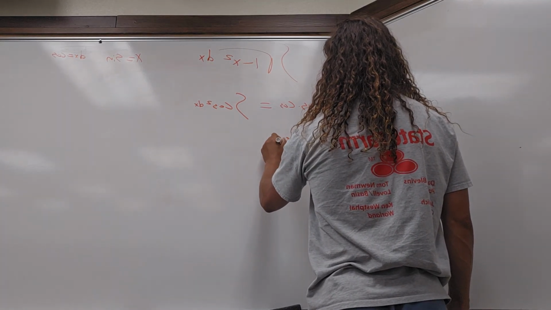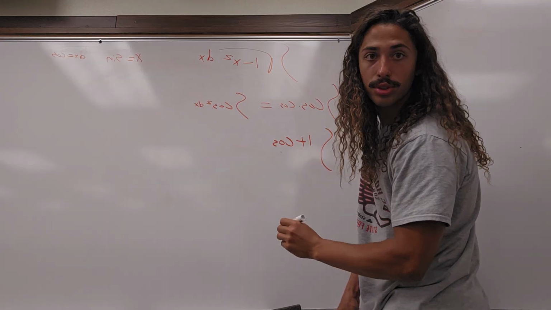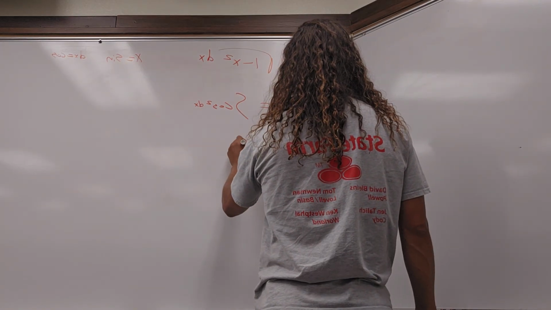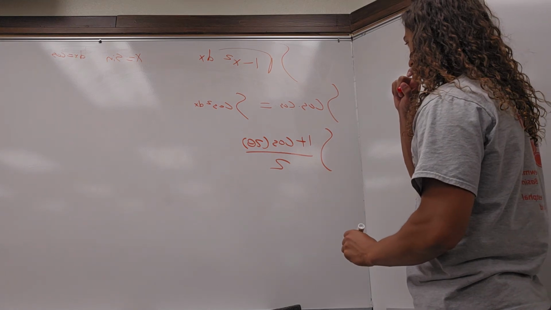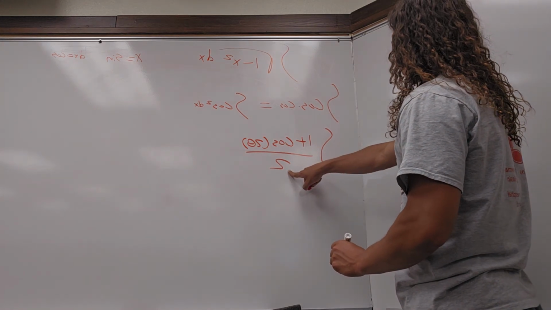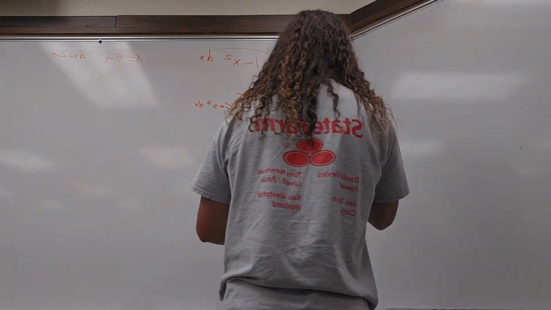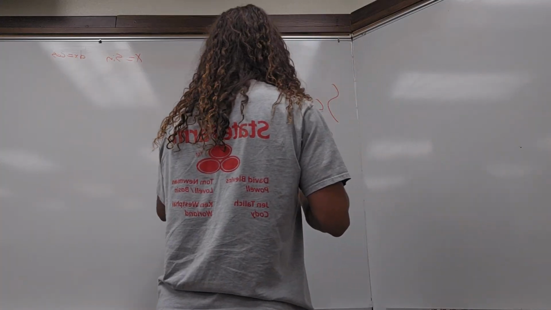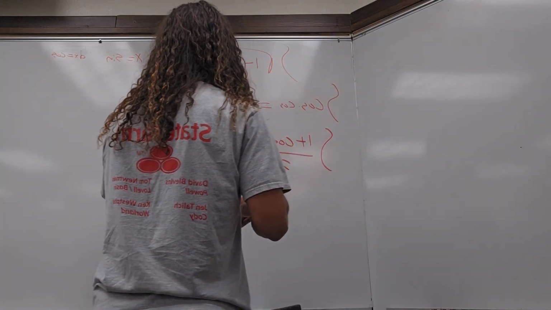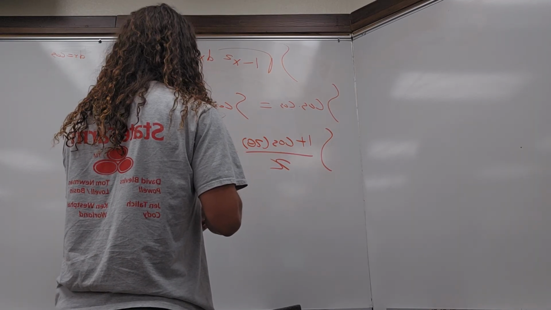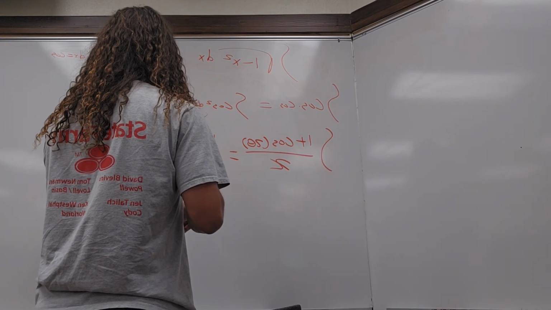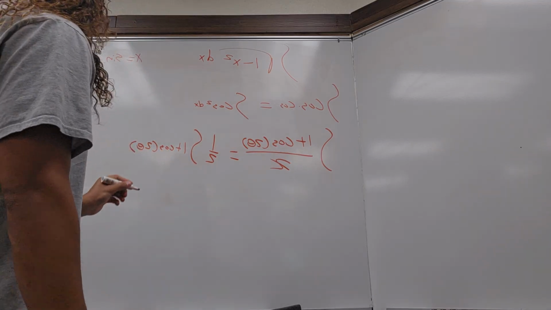So we have the integral of 1 plus cosine 2 theta over 2. Here we can take out this 2 to have 1 over 2. So we have 1 over 2 times the integral of 1 plus cosine 2 theta. And here we can just take this integral.